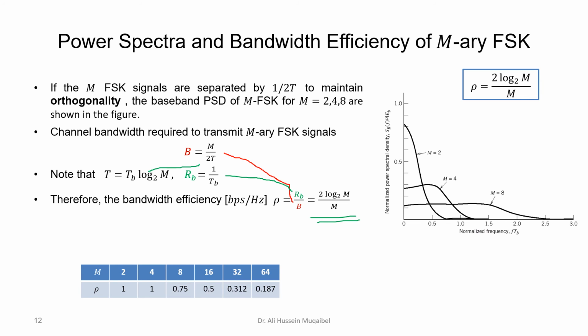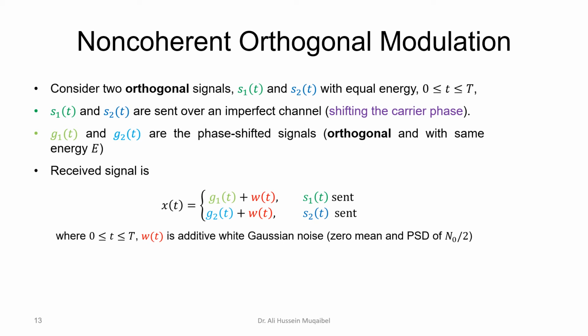For the noncoherent orthogonal modulation, we say that we have non-coherent, which means we are not getting the time information.